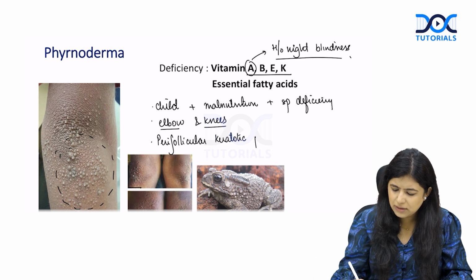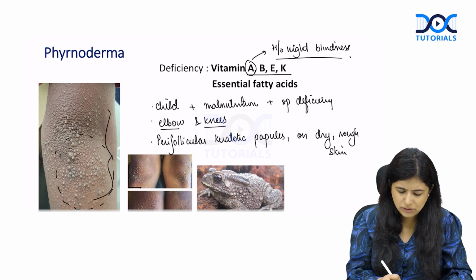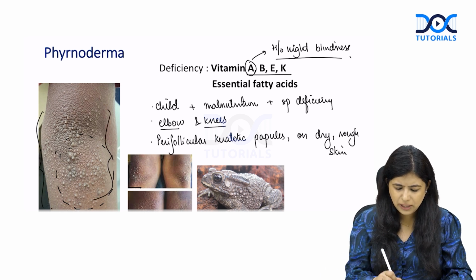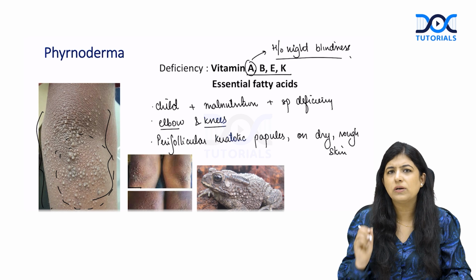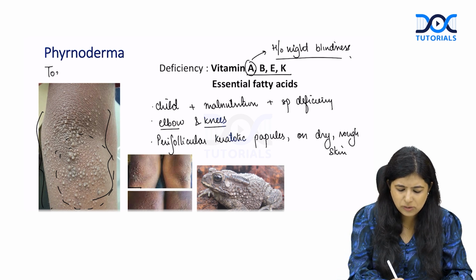So perifollicular keratotic papules, which are present on a dry, rough skin. So the background here is a dry, xerotic skin, and then you see these small bumps on it. Because of the bumpy appearance of the rash, it looks like a toad.